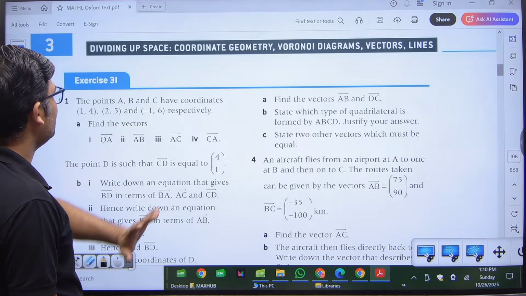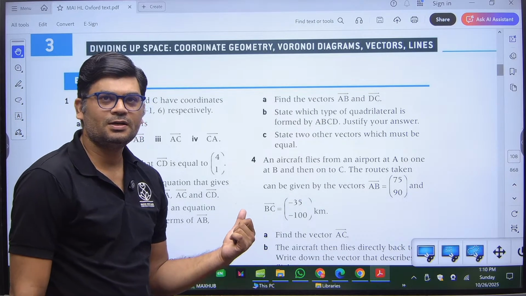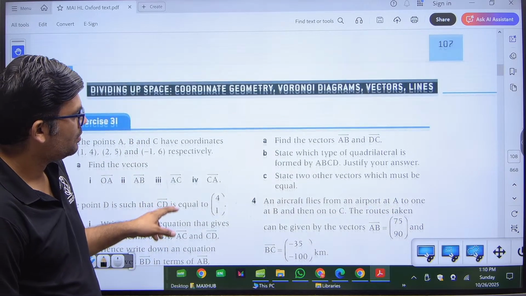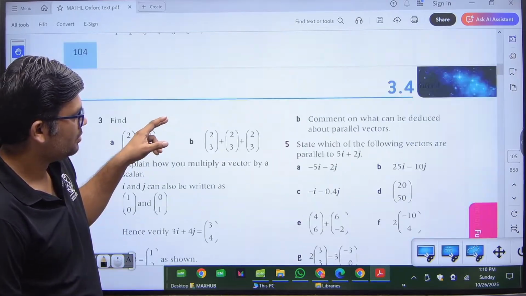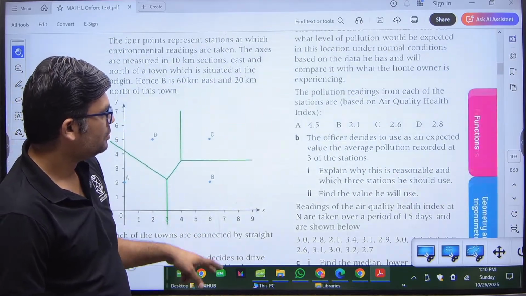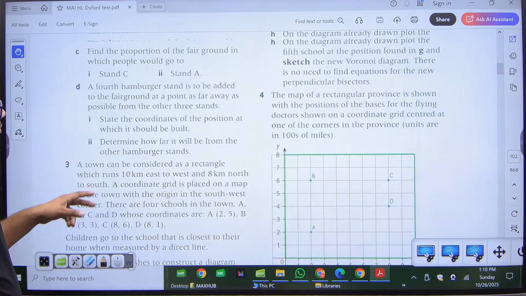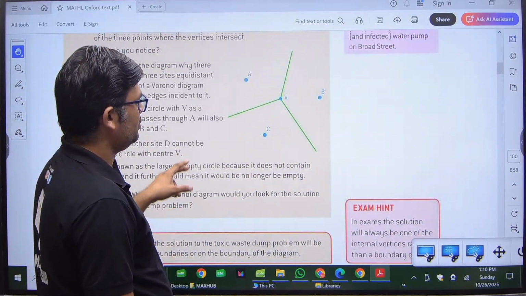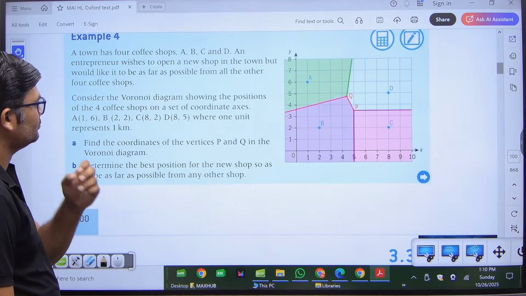So dividing up space, coordinate geometry, Voronoi diagrams, and vector lines. This one? When you check page 97 in the textbook, it's not showing that for me. 97, on the textbook, yeah. So on the textbook means you are saying that this is 102. Yeah. Okay. So I think we were doing this. No, we were doing another one.